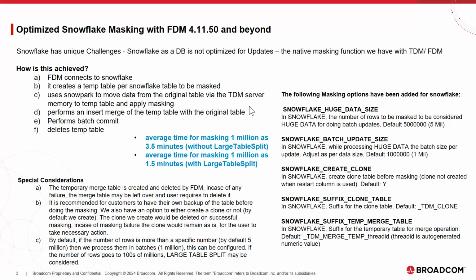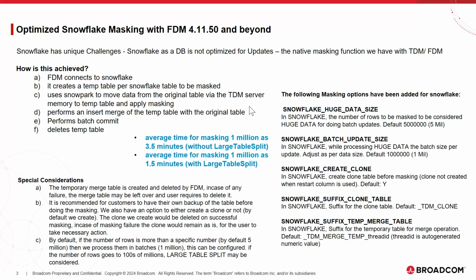The temporary merge table that we spoke about will get created in the backend, and upon successful completion of FTM, this temporary table will get deleted. Now, in the case of a failure, if FTM or the TDM portal for some reason fails during the masking process, this temp table will not be automatically deleted.